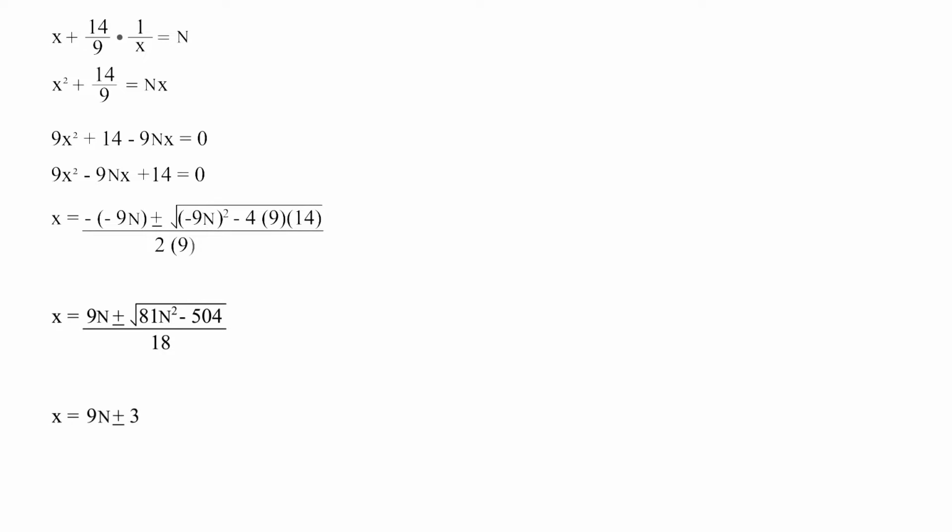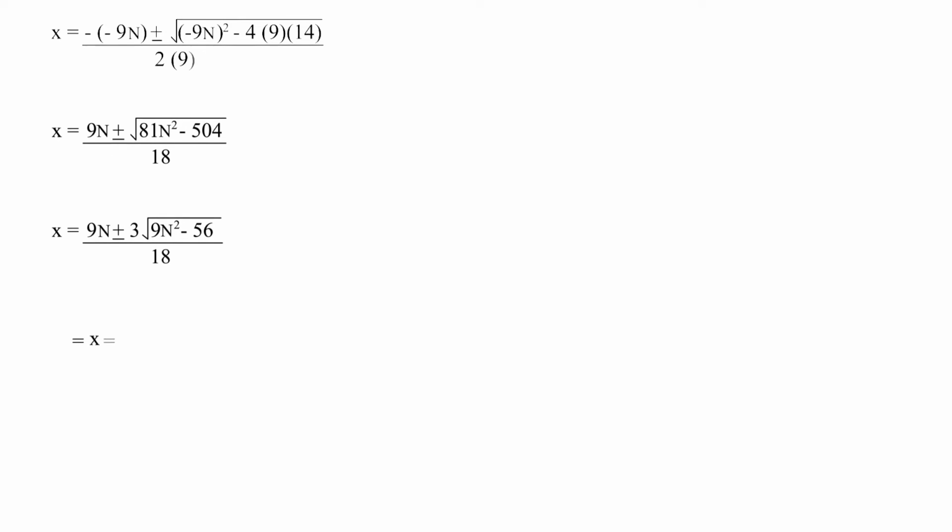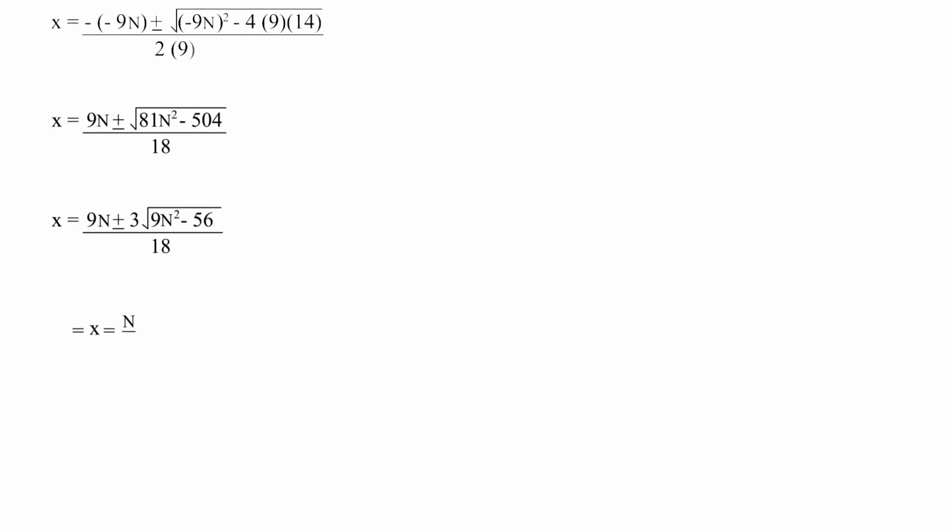I can bring out a 9, and that gives me 3 once I bring it out of the square root, and that leaves me with just 9n squared minus 56, all under the square root sign, all over 18. And simplifying even further, this gives me n over 2 plus or minus the square root of 9n squared minus 56, over 6.